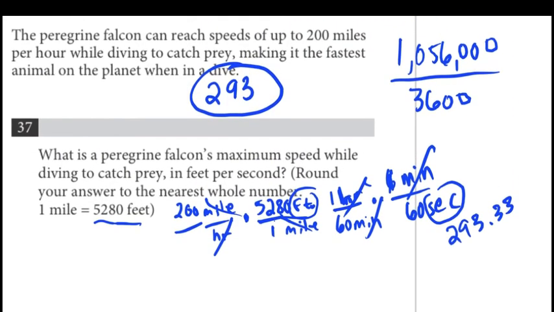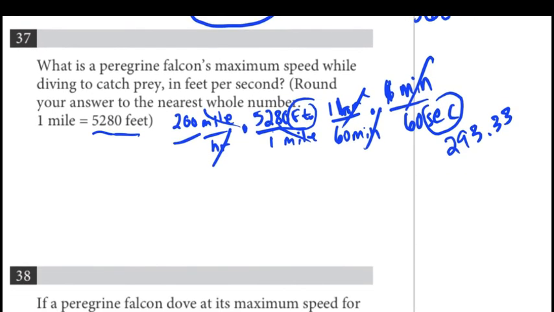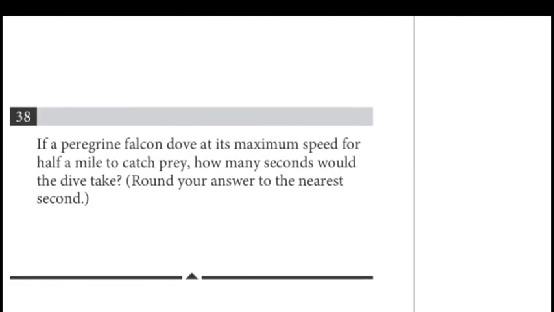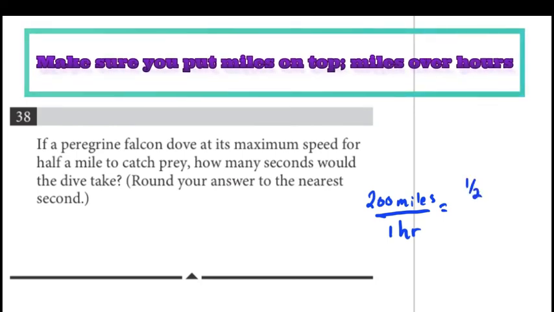So let's go back up here. It says 200 miles per hour. That's all the information we need. So 200 miles is 1 hour. Set up a ratio, right? We want to know half a mile. We want to know the time.